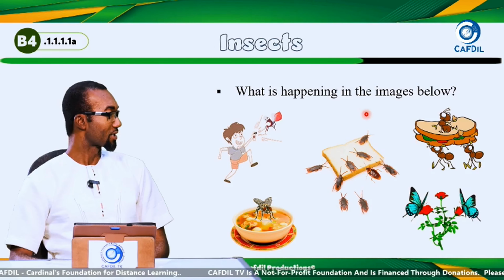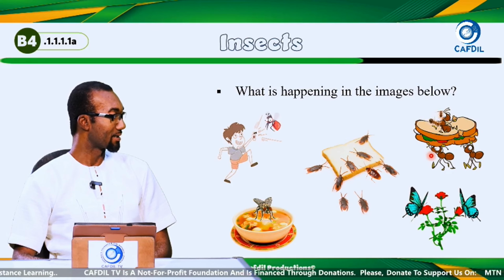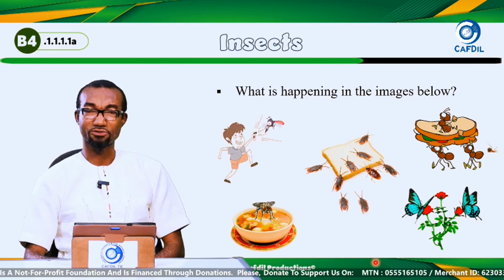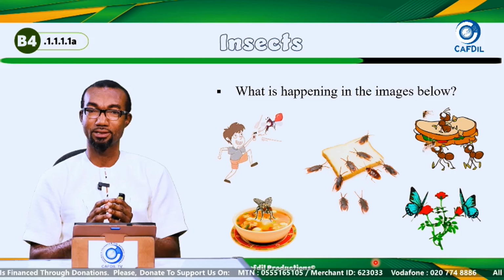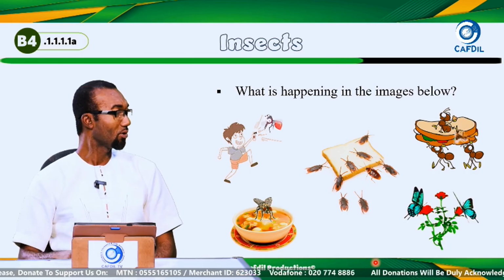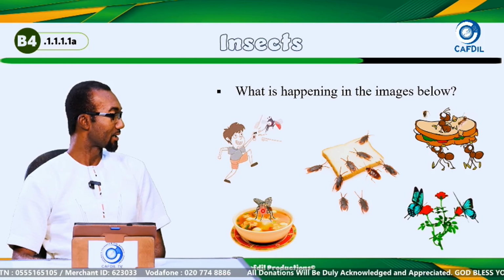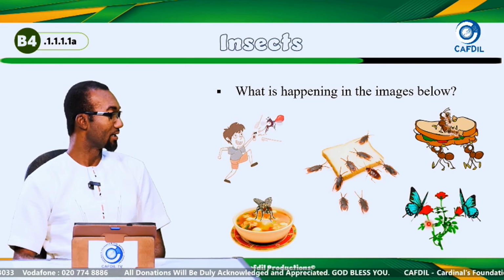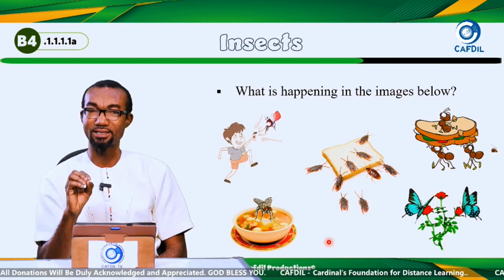If you look at this mosquito here, these cockroaches here, these ants here, these butterflies here, this housefly here, are they the same? If you look at their shape and their form, are they the same? No, they are not the same. But all these animals we see here, this mosquito, this housefly, these cockroaches, these butterflies, these ants, we classify all of them as insects.